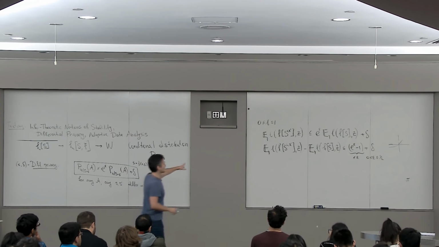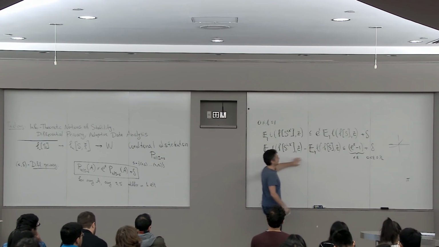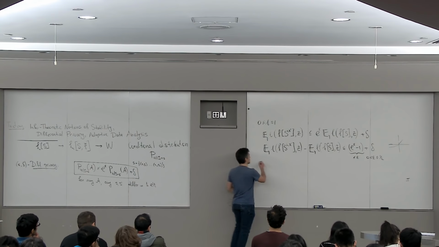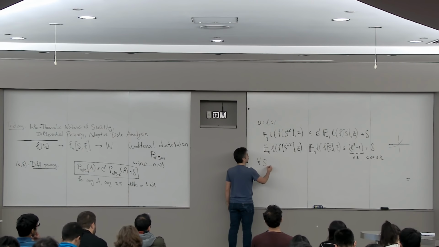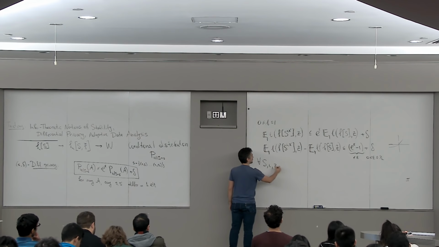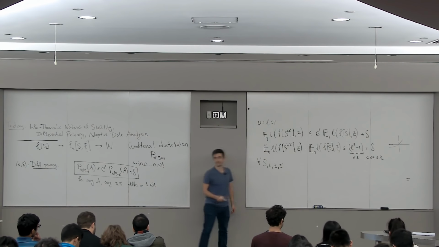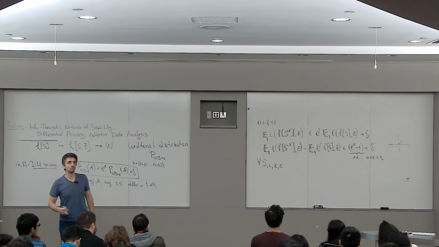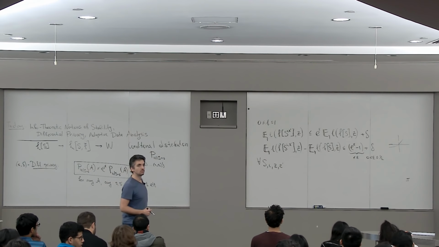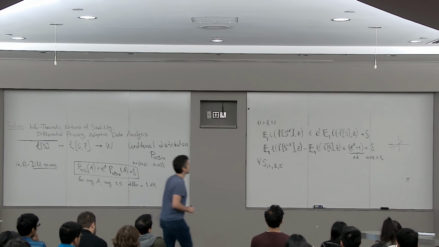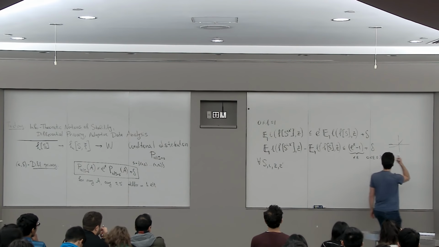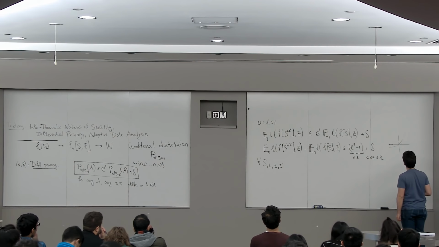But do you recognize this difference from last lecture? So this holds for any s, i, z, and z prime. E to the power epsilon is like the Taylor expansion 1 plus epsilon, so it should be greater than 1 plus epsilon.